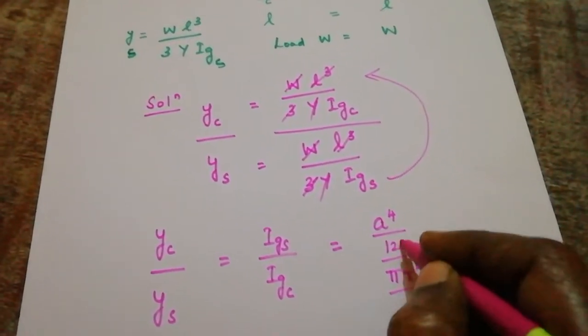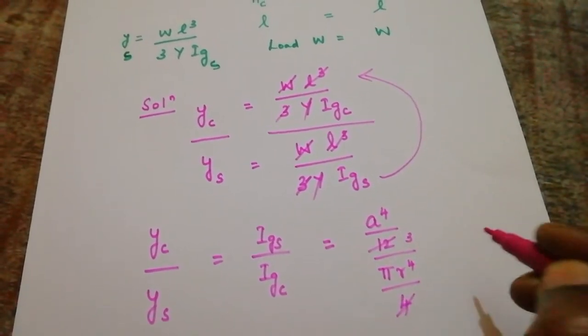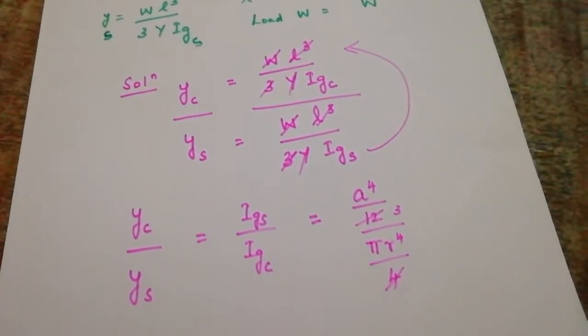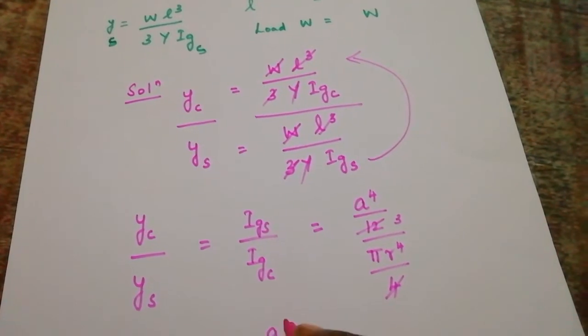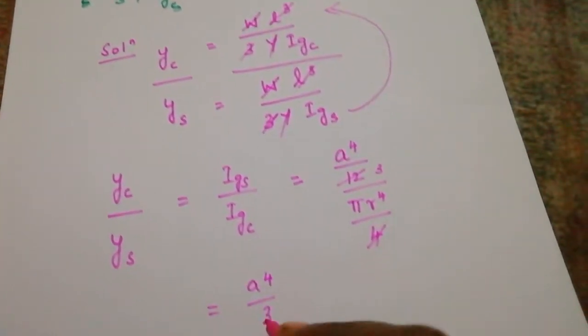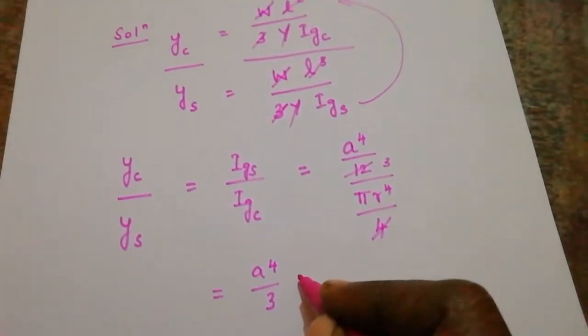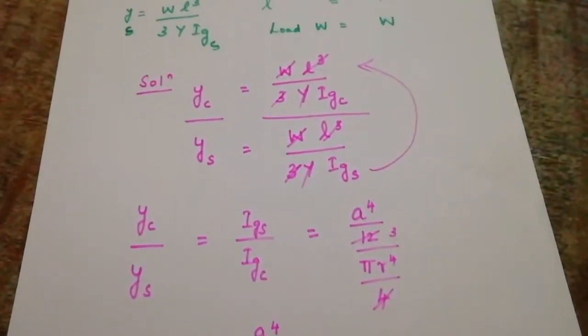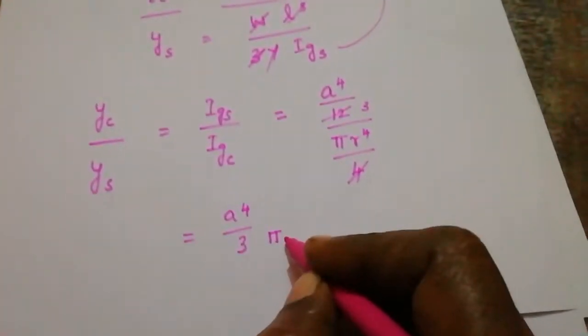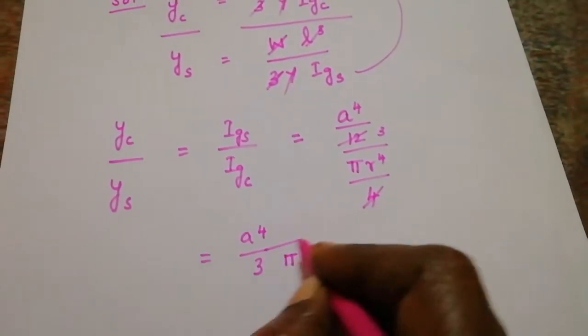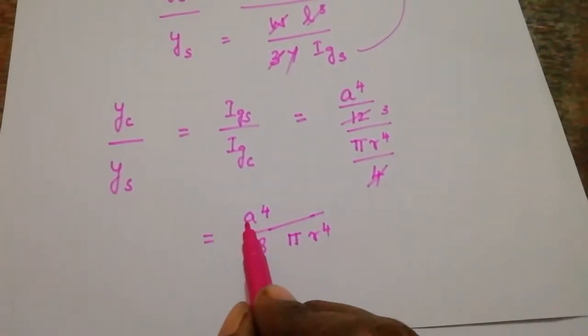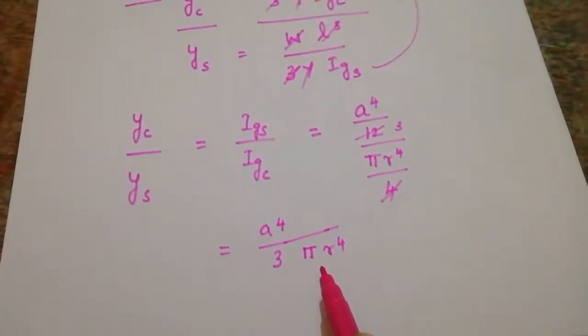So 4 and 12, 3 times. I am rewriting this as a power 4 by 3 pi r power 4. So here I have a power 4, here pi r power 4.